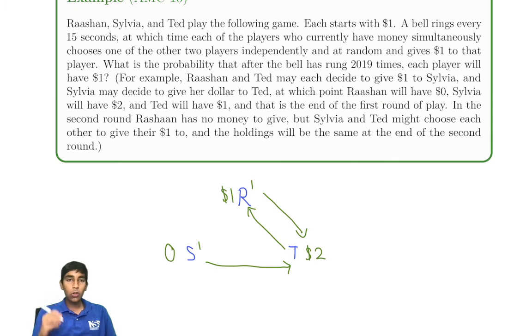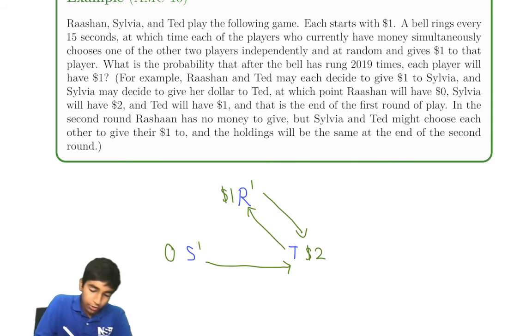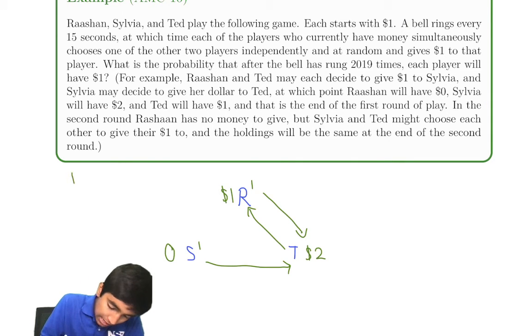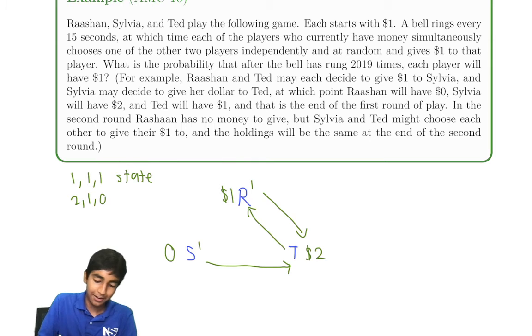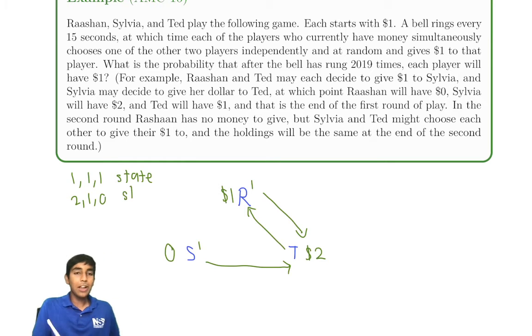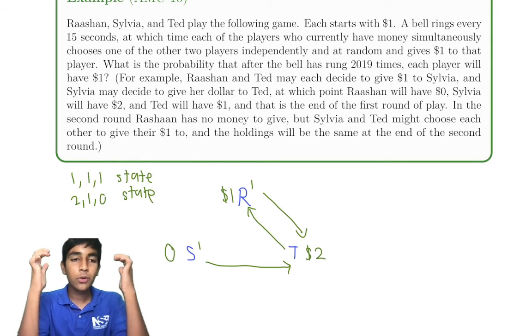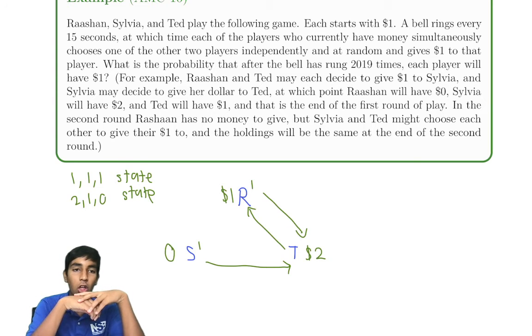This is $2, $1, 0. So there's a 1, 1, 1 state, and now we discovered that there's also a 2, 1, 0 state. Now we have to try to relate them somehow. But first of all, what about 3, 0, 0? Is that ever possible?